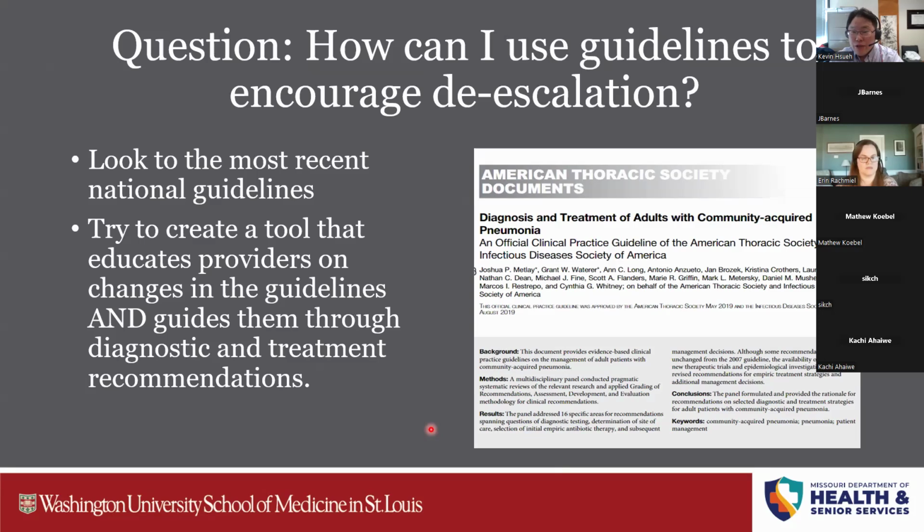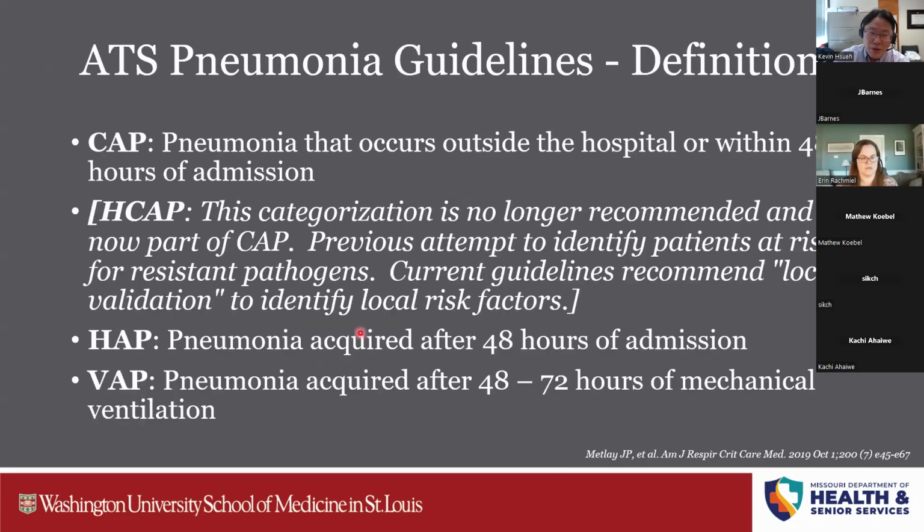But the most important thing about the new community-acquired pneumonia guidelines is that they are no longer identifying HCAP, healthcare-associated community-acquired pneumonia, as a category. Now it's been basically all rolled into community-acquired pneumonia. What they realized was that their previous attempts to use HCAP to identify people who are at risk for resistant pathogens was overly broad.